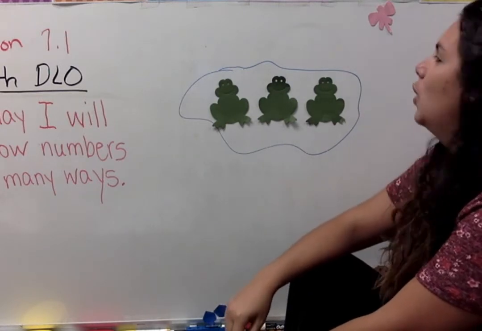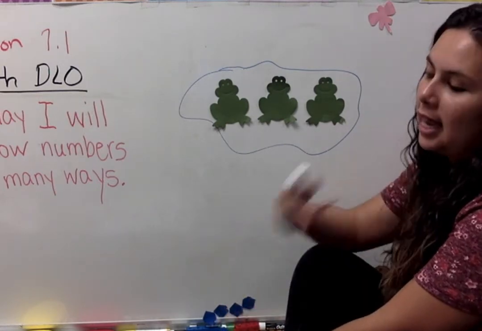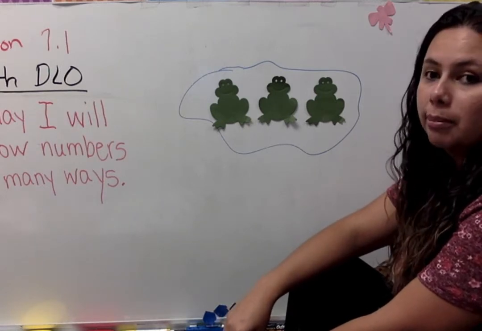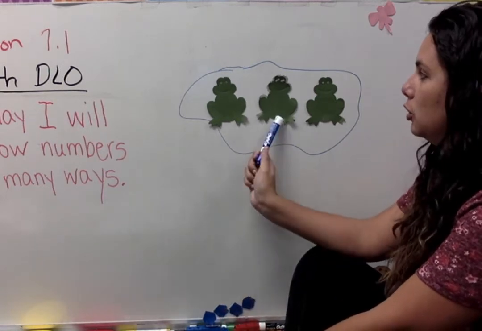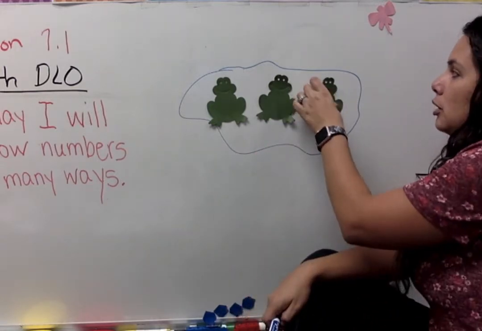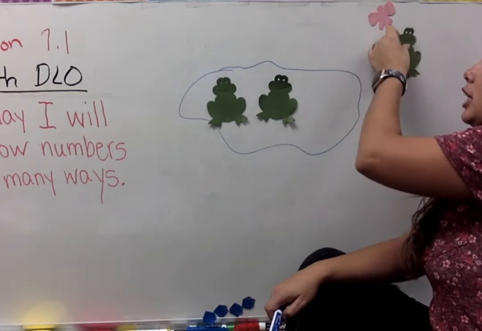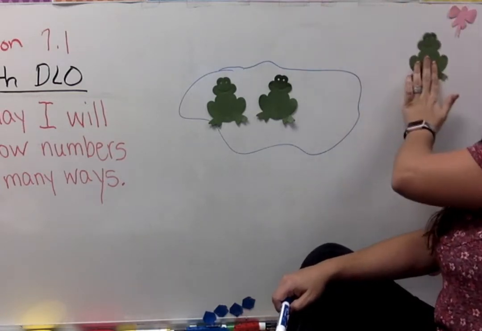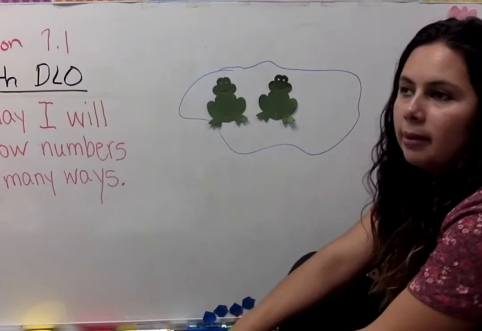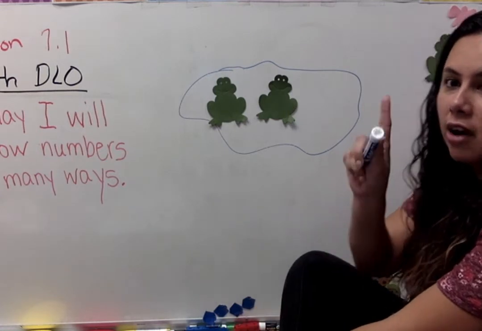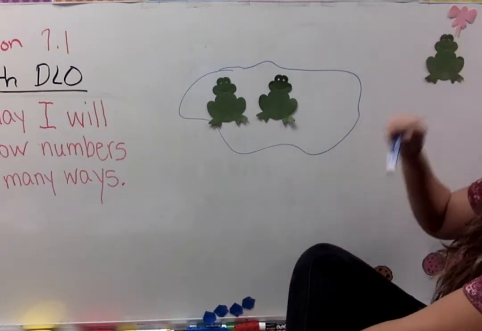Okay. Now, what I'm going to ask you is, how many frogs are in the pond? 1, 2, 3. But all of a sudden, one of the frogs decides it's going to hop away and go chase after this dragonfly that flies away. Okay. So it's chasing it. Then I'm going to say, okay, so there was 3 frogs in the pond. 1 frog left to chase the dragonfly.